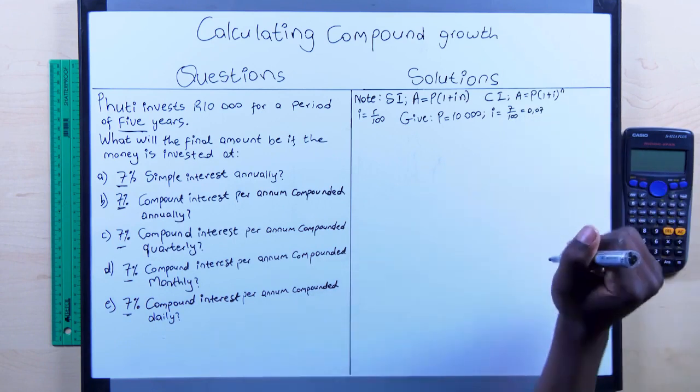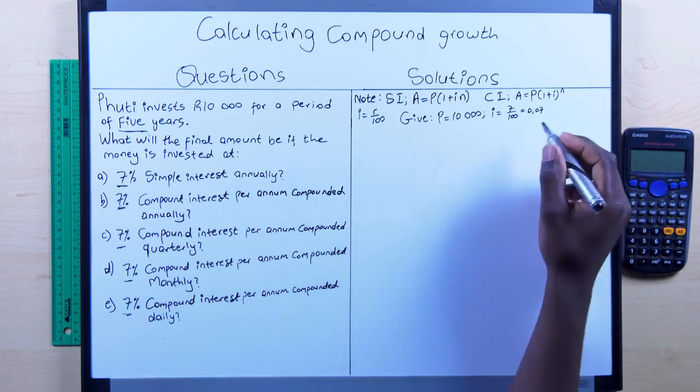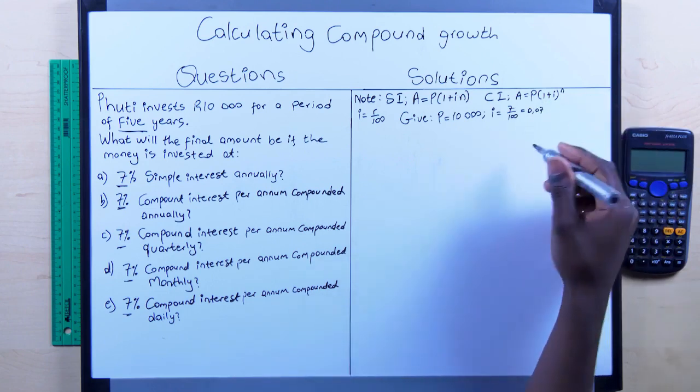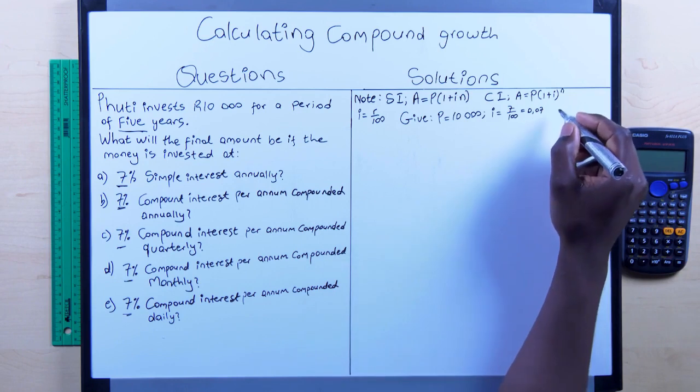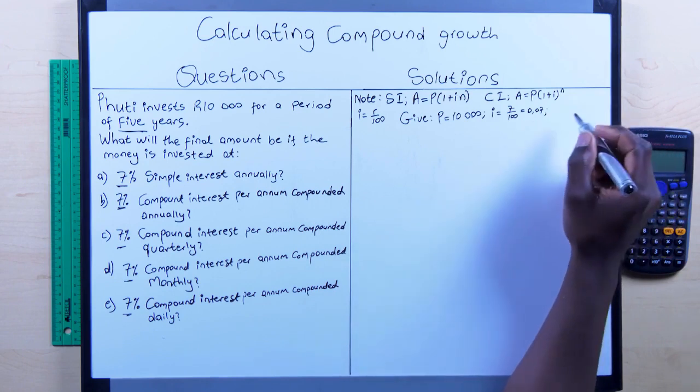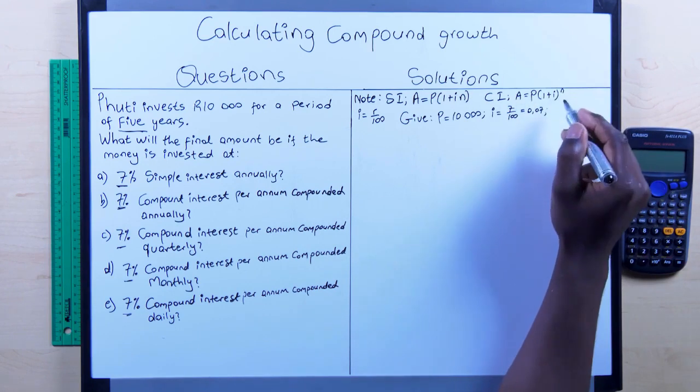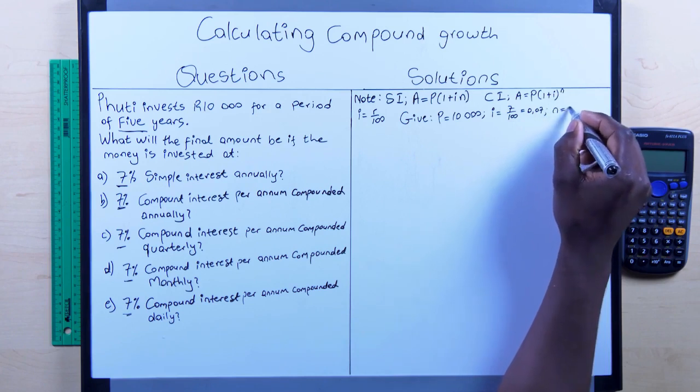Please use your calculator to verify that. Don't just look at it and say it's the value. I know it through years of experience, but you must check it to confirm. And then n is equal to 5.